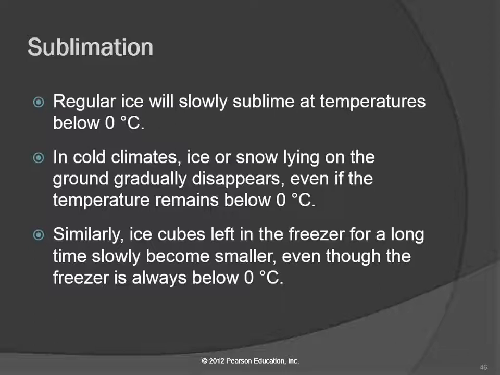What happens in the freezer? You get frost buildup inside the freezer, right? Some of that comes from when we're opening the door and air comes in that has moisture, and that moisture from the air will then freeze on the sides of the freezer and cause all those ice crystals. But some of those crystals come from things in the freezer that contain frozen water that are subliming.